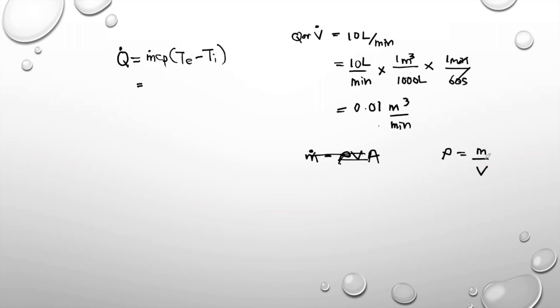If we change this into mass flow rate, then rho is equal to mass flow rate divided by volumetric flow rate. So in order to calculate the mass flow rate, density must be multiplied by the volumetric flow rate.